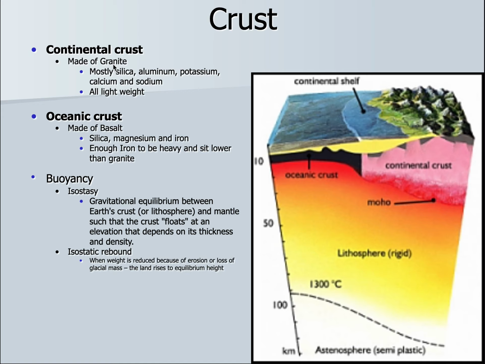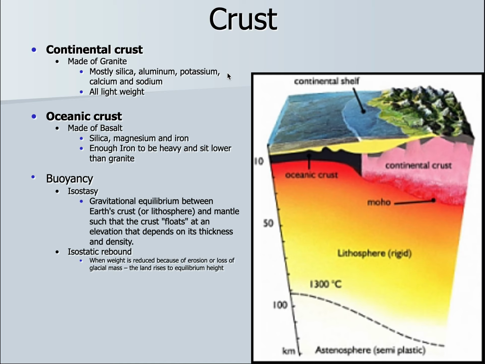And all of the rocks, for the most part, and in particular granite, have mostly silica, aluminum, and potassium with some calcium and sodium in them. So these are light minerals. There are other minerals as well in this volume of matter, but the highest majority of matter is this light stuff.